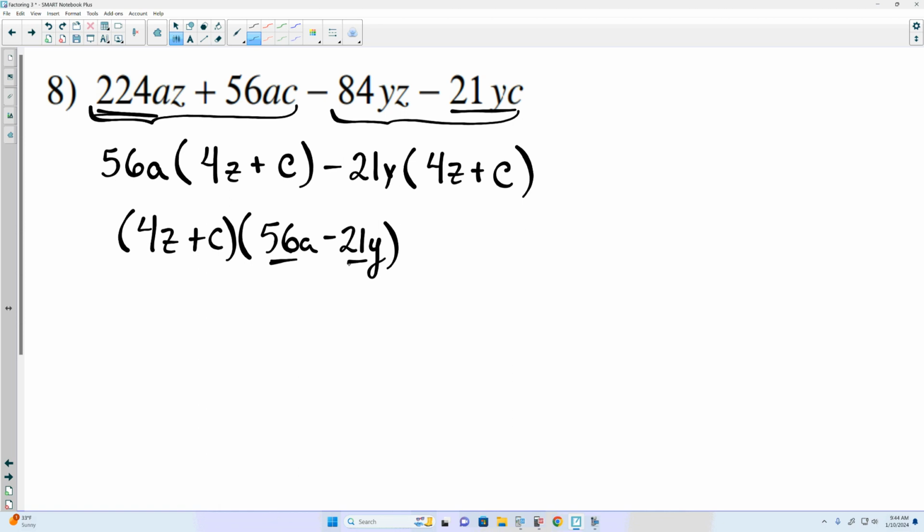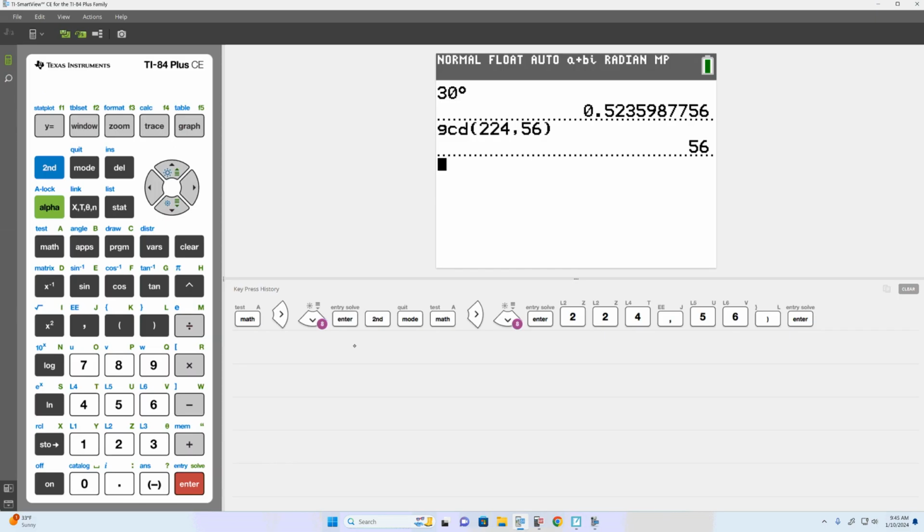So what we can do with this here is, realistically, we can factor a 7 out, which would be 8a minus 3y times our 4z plus c. The comma is right above 7.